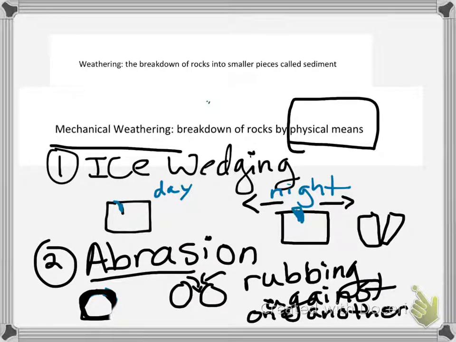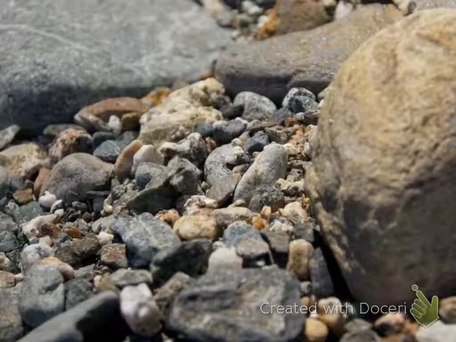These corners are just going to get smoothed a little bit as abrasion happens. So you just have the corners, the sides of your rock, smoothing out. An example of a place where abrasion happens would be, say, a creek bed.